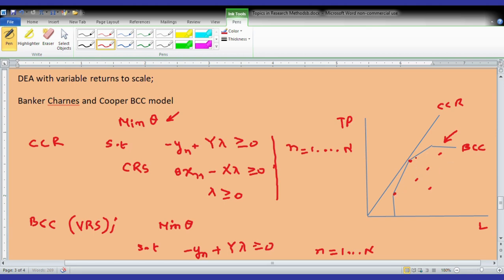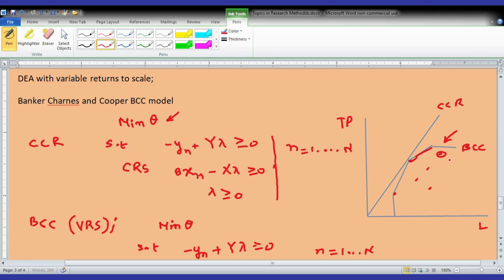This segment is becoming closer to this observation, and so there is a possibility that the ranking in BCC of this data point will be better than its efficiency ranking in the CCR model. Let us see how it happens.